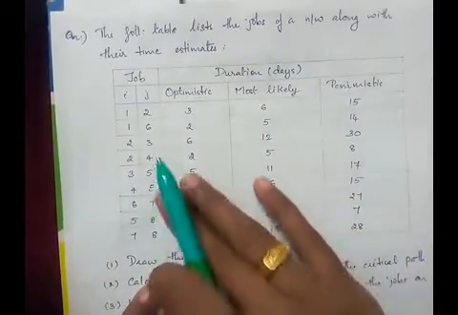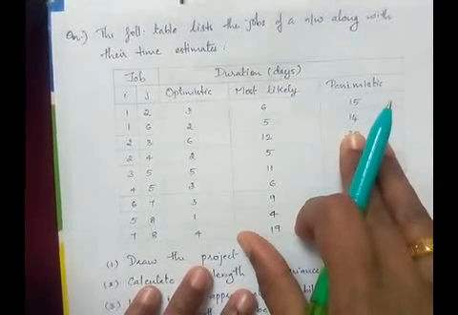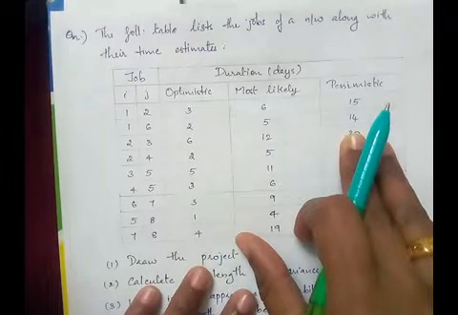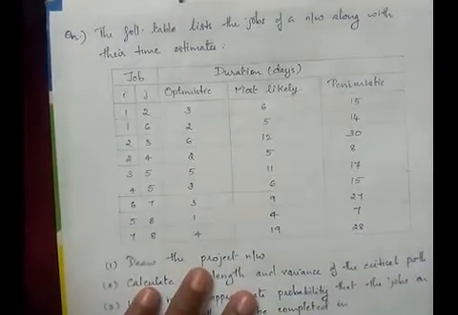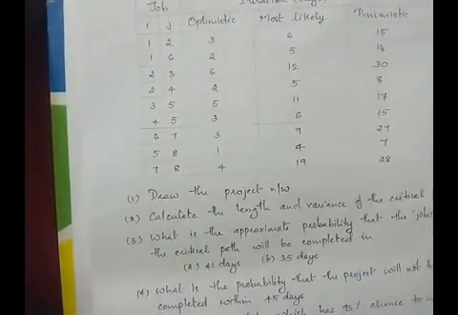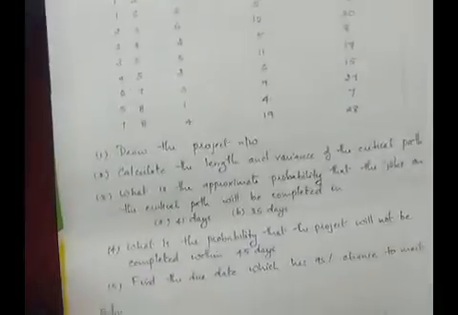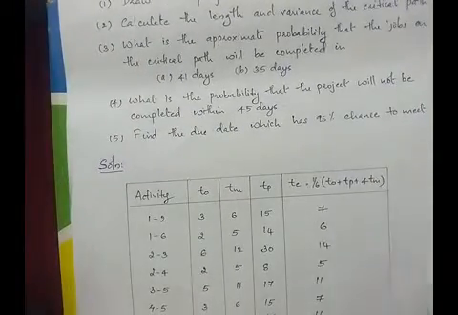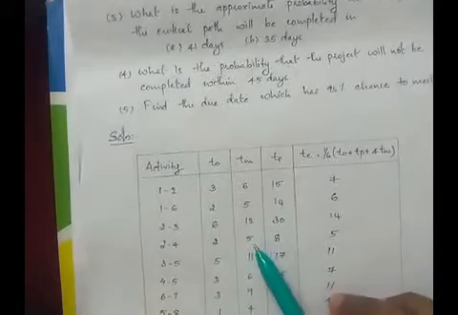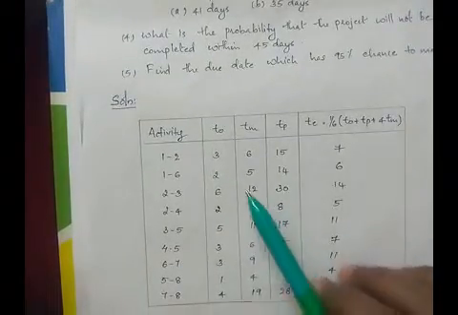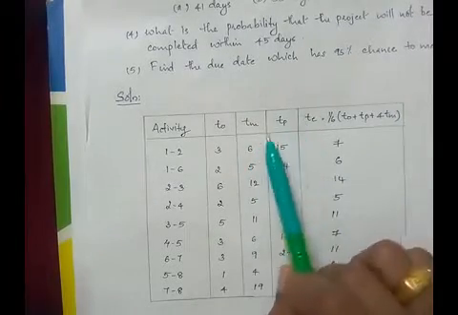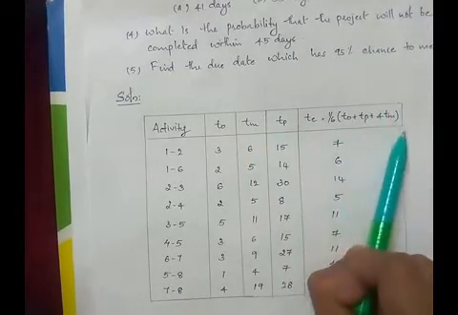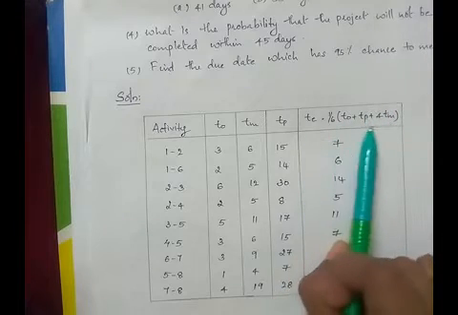Now, using these 3 timings, we have to find the activity duration or the expected time using the formula T equal to (TO plus TP plus 4TM) by 6. So first we will be finding the expected time for each activity from the data given. That is, from optimistic, most likely, and pessimistic time, we will be calculating the activity time duration using this formula.